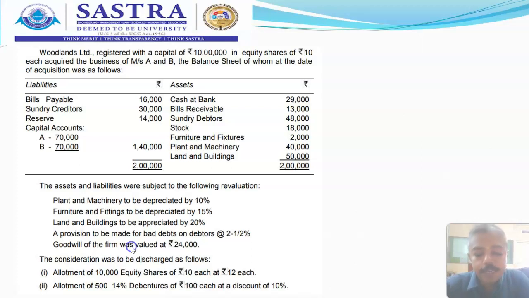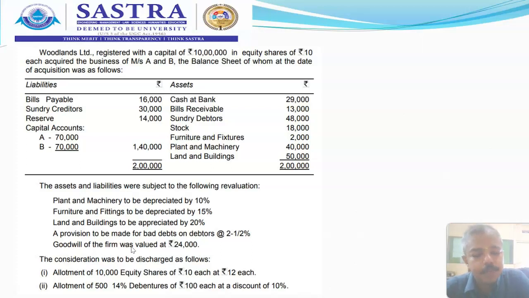The cost of acquisition is another important area which we have seen in the last class also. The acquisition cost of the company amounted to rupees 5,000. Now you are required to show the journal entries in the books of the company and prepare the opening balance sheet of the company after the acquisition.